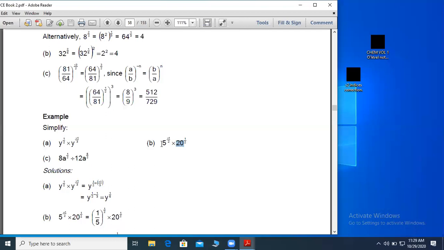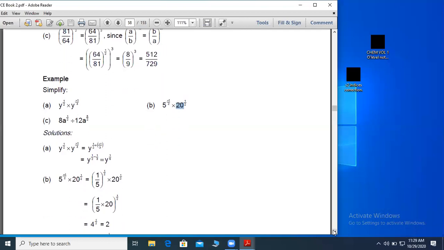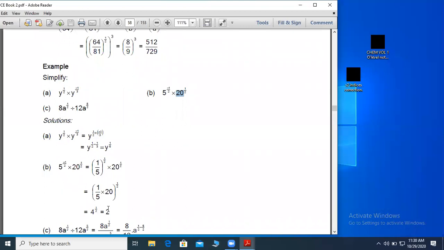And the other side, we have 4 to power a half. 4 to power a half is 2 squared to power a half, whereby the 2's will cancel, so the final answer is 2.